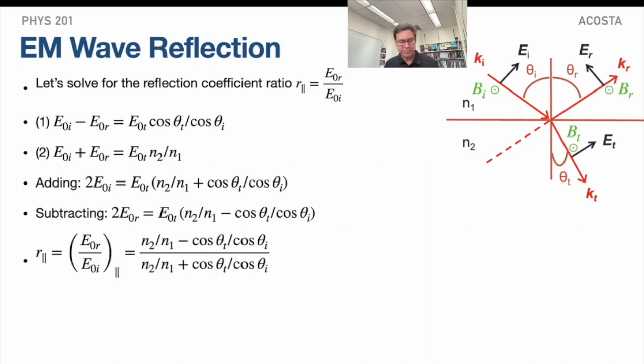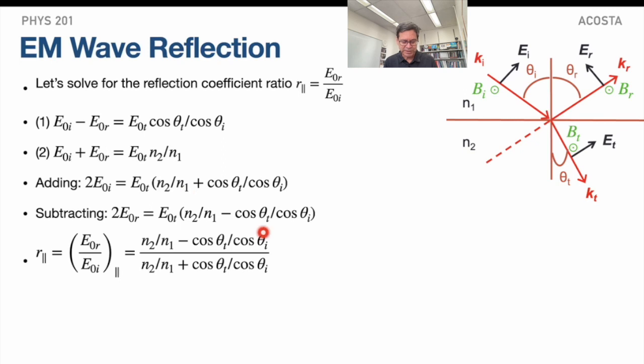So if I wanted to find this reflection coefficient for the case where the electric field is parallel to the plane of the reflection, I need the ratio of E0R over E0I. I kind of see that right here. If I divide the subtracted equation by the added equation, I have 2 E0R over 2 E0I. The 2's will cancel, and I'll have just E0R over E0I.